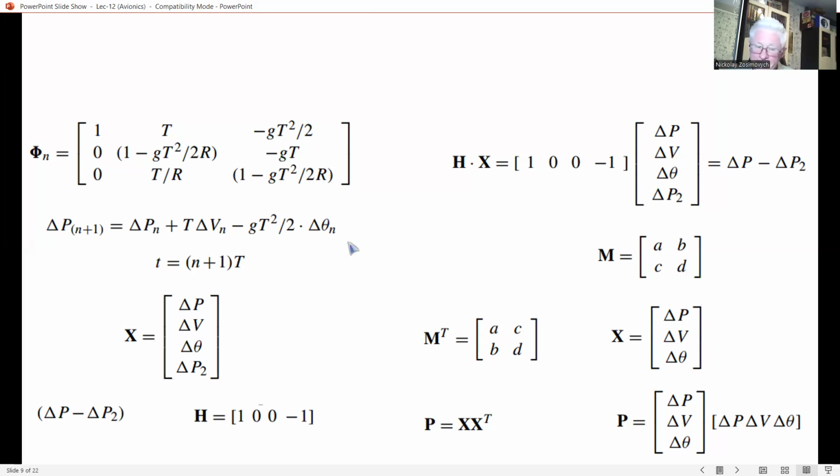From an initial estimate of the uncertainties in delta P, delta V, delta theta at fixed time t equals 0, the values at time n plus 1 times t can thus be derived by a step-by-step integration process using the transition matrix at each iteration.